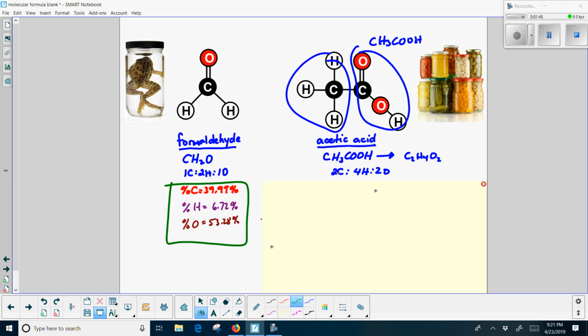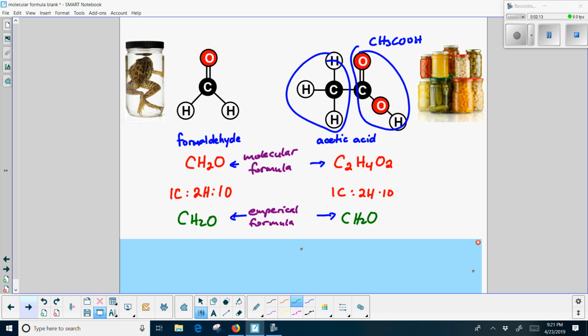Well, acetic acid has 2 carbons to 4 hydrogens to 2 oxygens, but we can reduce this to 1 carbon, 2 hydrogens, and 1 oxygen. It has the same proportion of each element as formaldehyde. So when we determine the percent composition for acetic acid, it ends up being exactly the same. It has the same percentage carbon, same percentage hydrogen and oxygen within the molecule as formaldehyde.